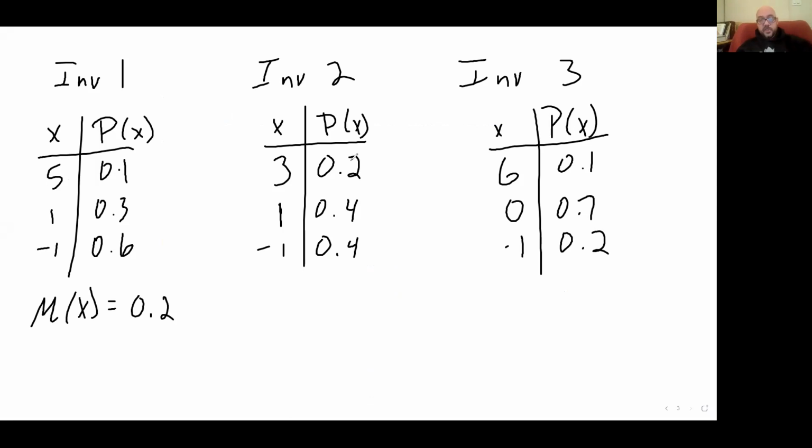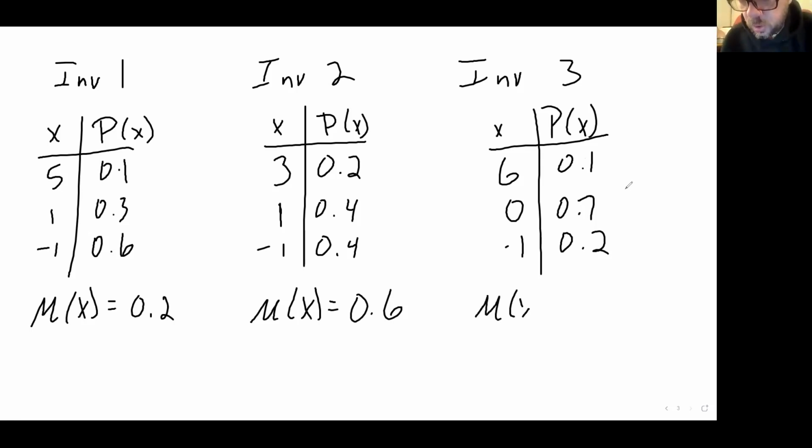This one's 0.6 plus 0.4 is 1 minus 0.4 is 0.6. So mu of x equals 0.6. And this one is 0.6 plus 0 minus 0.2 is 0.4. So mu of x is 0.4, again in millions. So this 0.4 is actually $400,000.